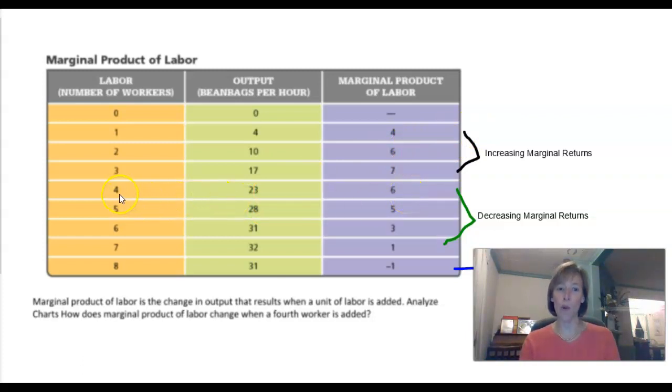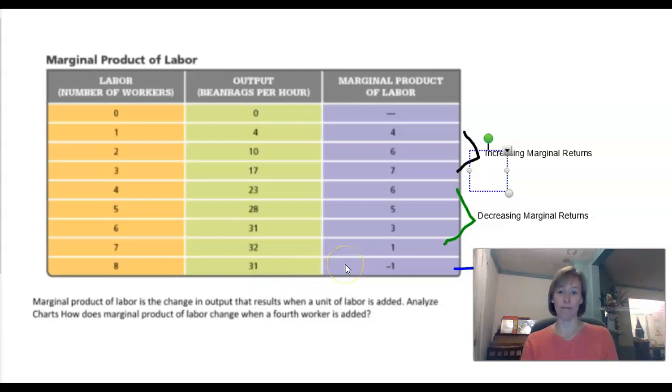But at a certain point, when we add more workers, even though we're making more product, our marginal product begins to decrease. We're making more bean bags, but we're not making them at an increasing rate like we were before.